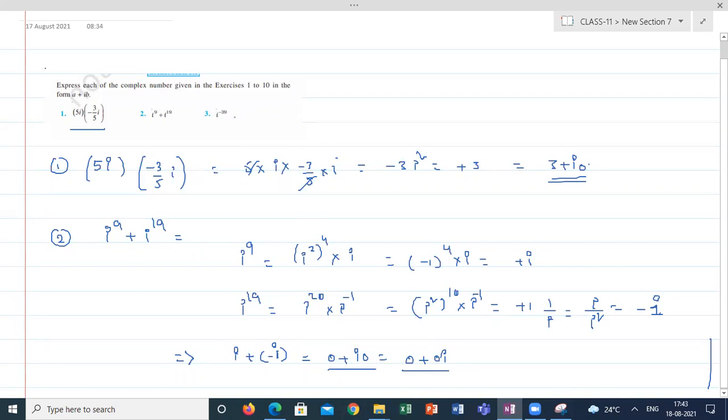What is the i power minus 39? i power minus 40 into i power plus 1, correct? Yes, sir. So i power minus 40 means 1 by i power 40 into i. So I can write this as i square whole power 20 into i. Is the answer i? Yes, sir. Simple.